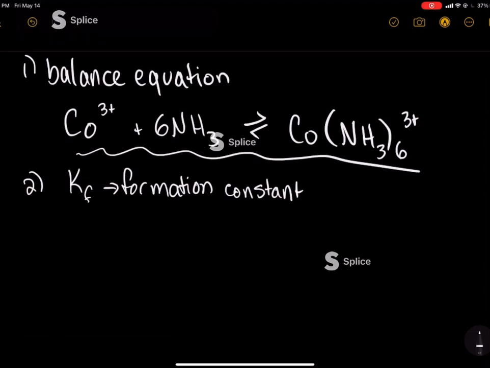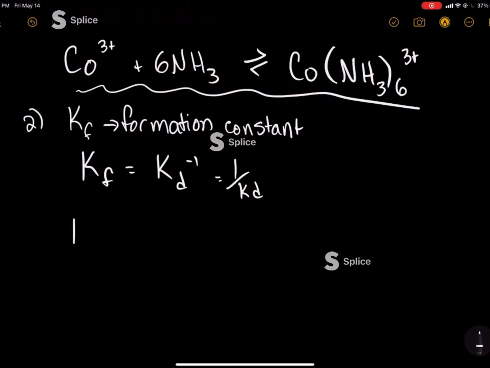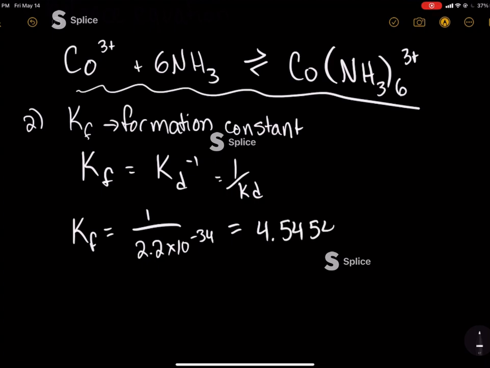So we know that Kf equals the inverse of Kd, so that means 1 over Kd. So we have Kf equals 1 over 2.2 times 10 to the negative 34, which gives us a value of 4.5454 times 10 to the 33rd.